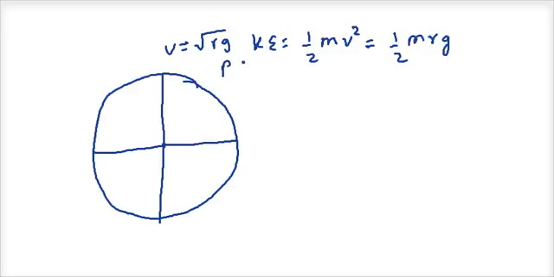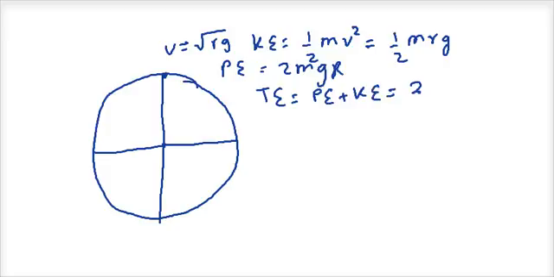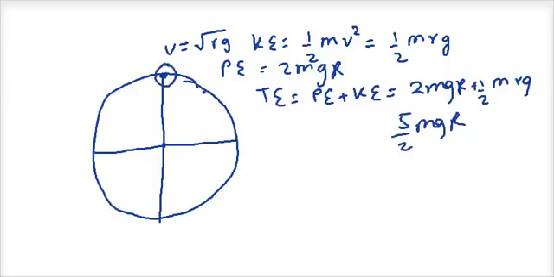Now what is the potential energy here equal to? Potential energy is equal to 2 mgr. So the total energy will become equal to potential energy plus kinetic energy. So that will become 2 mgr plus half mrg. So when I add both of them, it will become 5 by 2 mgr. So at this point the total energy is 5 by 2 mgr.